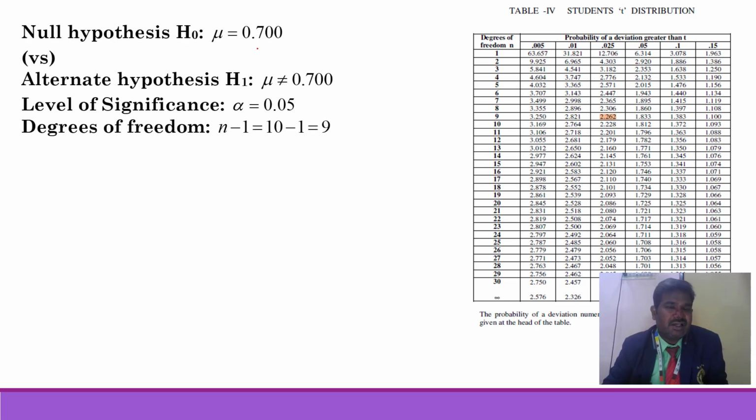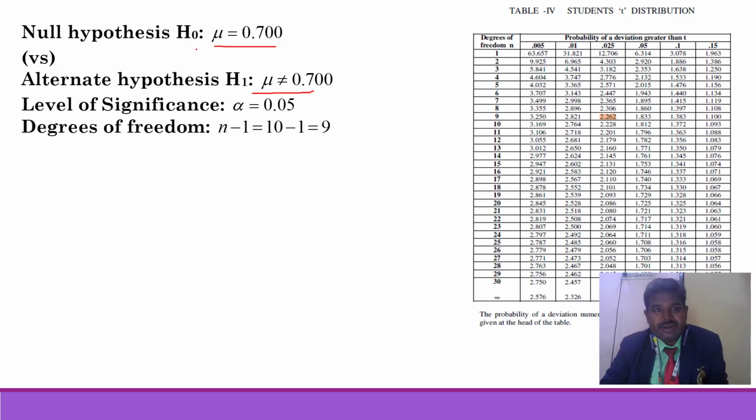Now we have to fix the null hypothesis. For the null hypothesis, we take mu equal to 0.7, that is, the work meets the specification. Alternatively, we can choose mu not equal to 0.7, that is, the work does not meet the specification.